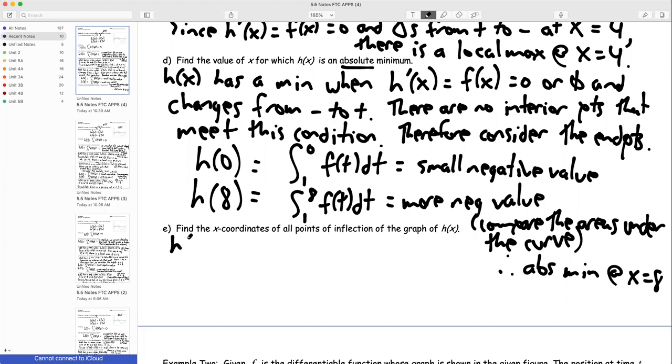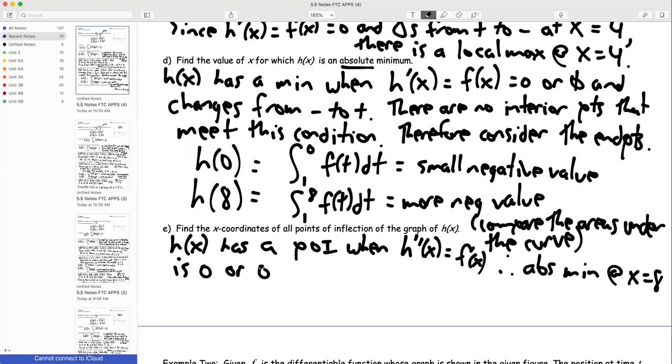So I'm going to say h of x has a point of inflection when h double prime of x, which is equal to f prime of x, is 0 or undefined and changes signs.